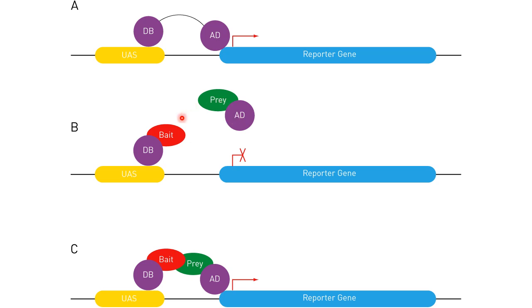When the prey interacts with the bait, that is when both the proteins have a site for interacting with each other, the activation domain will bind to the reporter gene and there will be transcription and translation of the reporter gene. This is what happens in the yeast two-hybrid system.